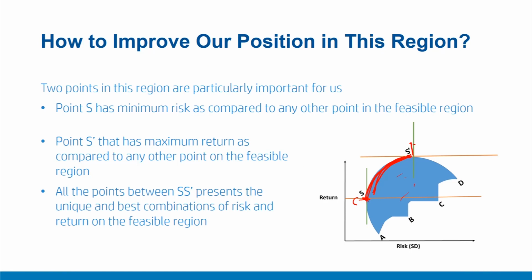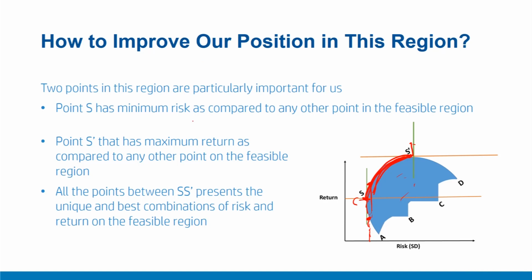One interesting point to observe is that if you go below this point S, there are some points that offer you lower return, but these points are not efficient, because for this level of return, you can also obtain this level of risk. So as compared to this point, you would like to be on this point. In this manner, SS dash remains the efficient frontier, the best combinations of risk and return that are available to you.